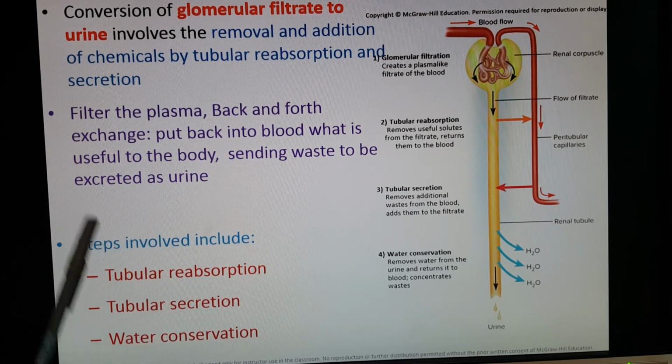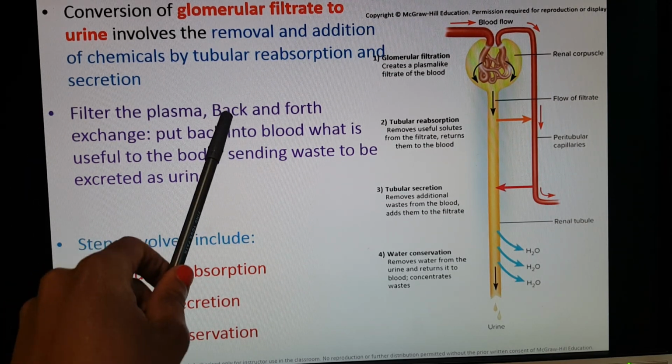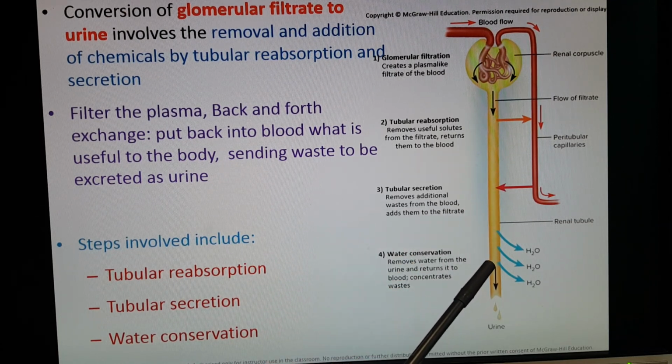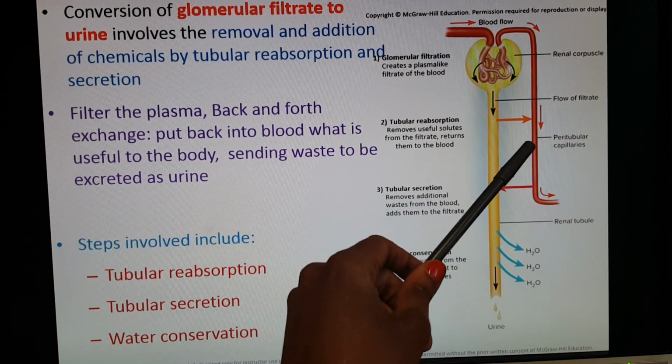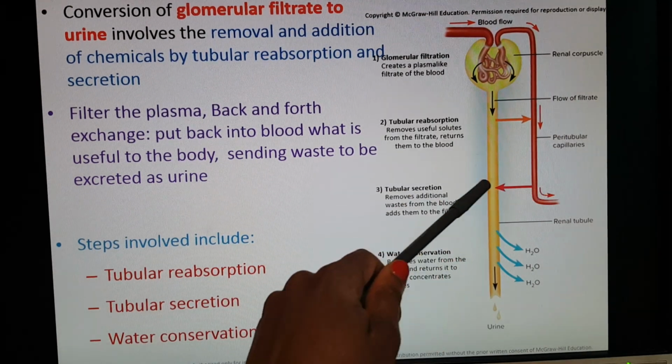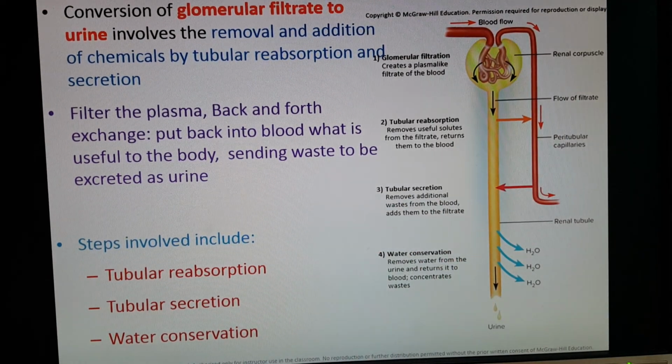So the whole process, you filter the plasma, and then there's a back and forth exchange between the tubule system as well as your capillary. So exchanging, taking back what's useful to the body, and then sending the waste into your urine.